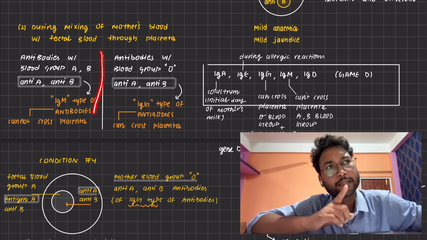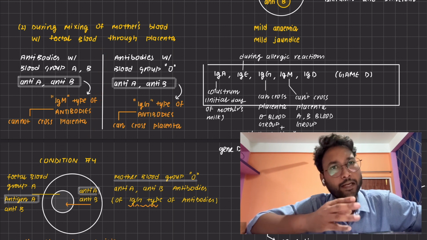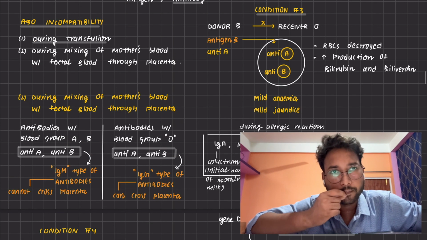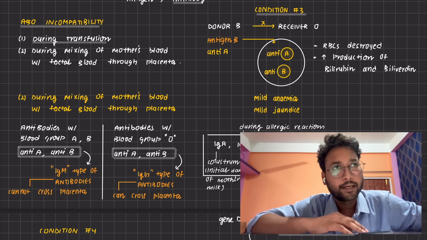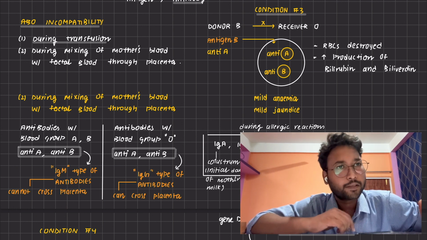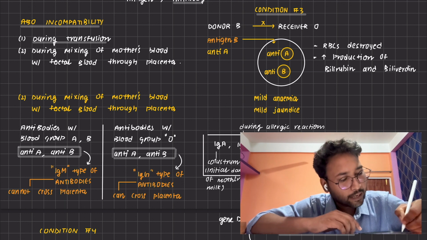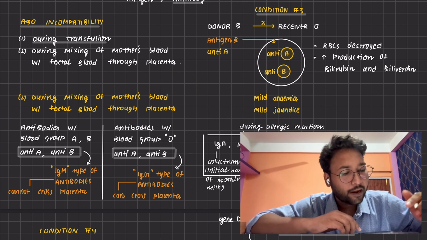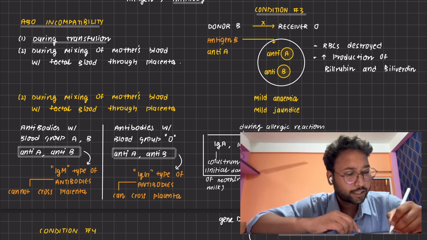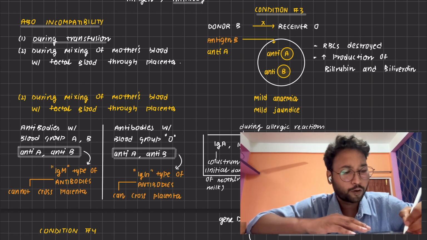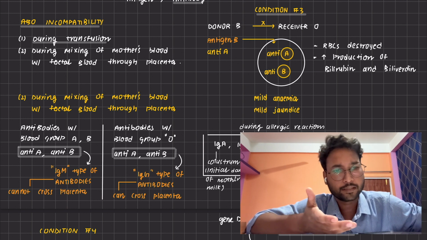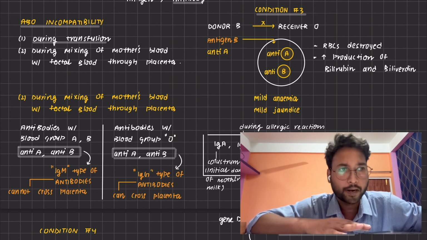If a patient has blood group B, then anti-A antibodies are present in plasma. But these are IgM type of antibodies which cannot cross the placenta. So if the mother has A blood group or B blood group, then this is not the scenario of ABO incompatibility.